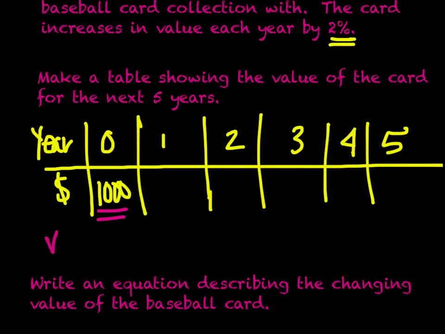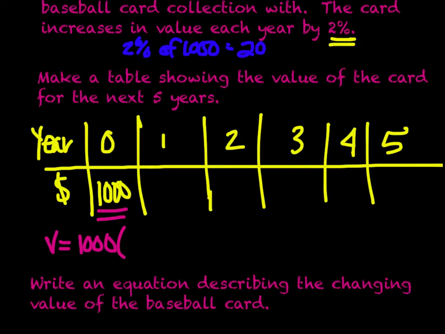We have essentially the value of the baseball card is equal to 1,000 as our y-intercept, our initial value, and then we have 2%. Well, let's think about what is 2% of 1,000, and we'll get $20.